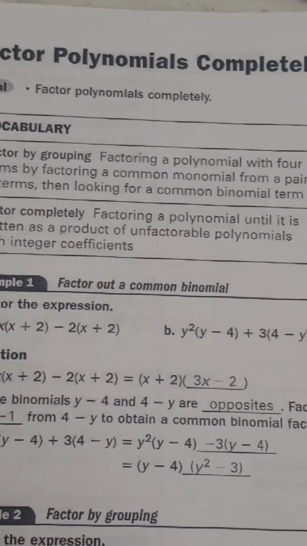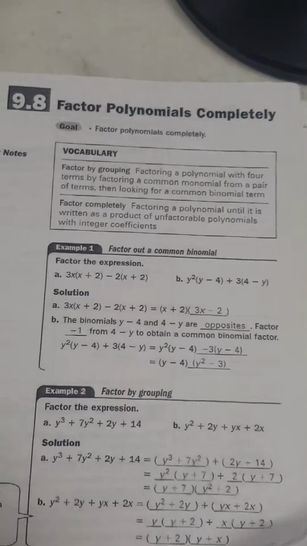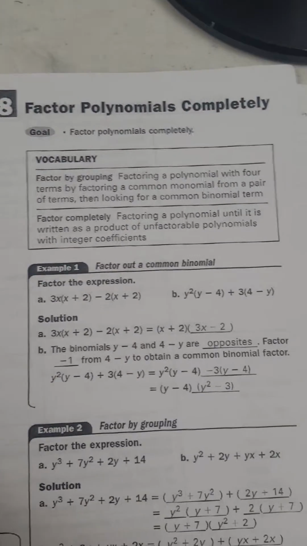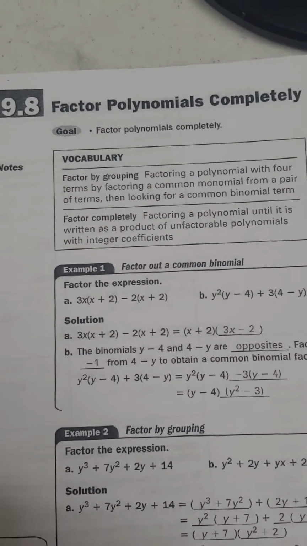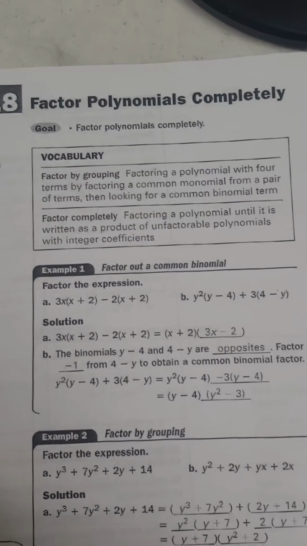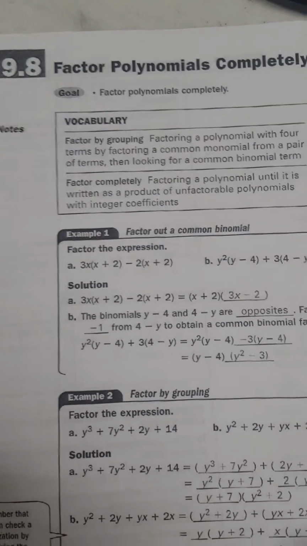Factor by grouping. Factoring a polynomial with 4 terms by factoring a common monomial from a pair of terms, then looking for a common binomial term. So, factor by grouping is this.